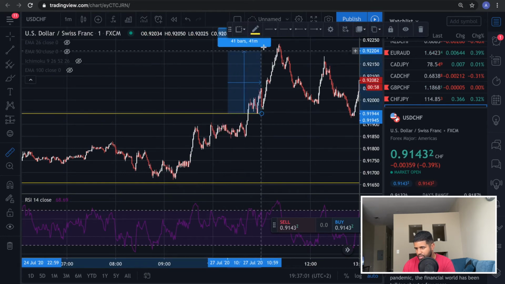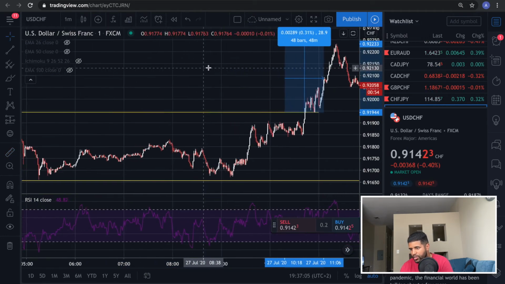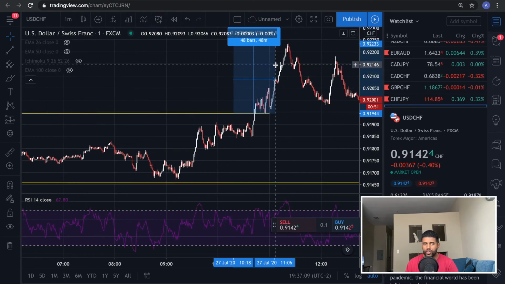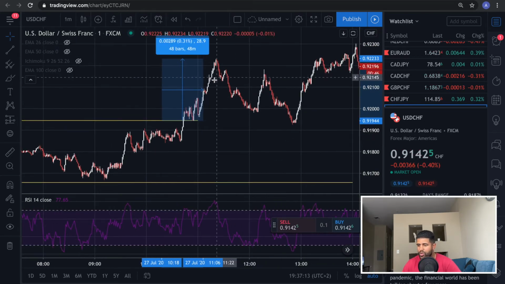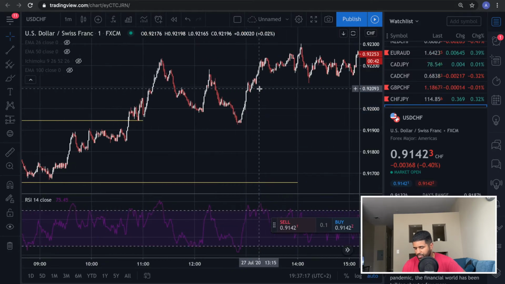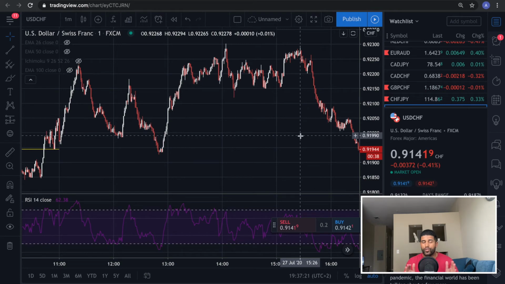And as you can see, it went almost 30 pips. So you could have caught a good 20 pips right there, easily. 20 pips going down, 20 pips going up, easily. Take profit. And as you can see, it starts moving. You don't know where it's moving at. So you just get out, you're done with this trade, and you start looking for something else.